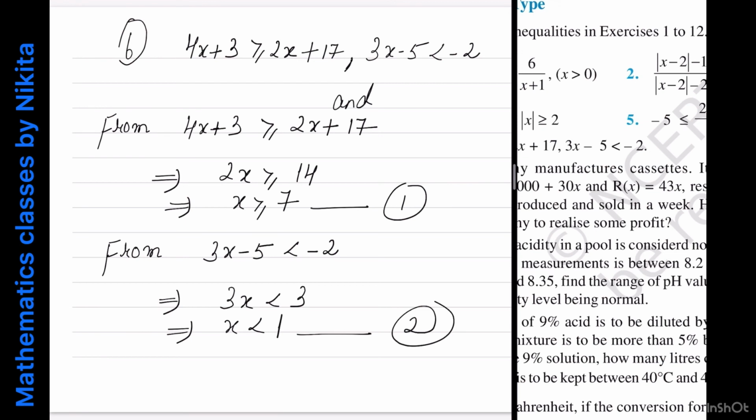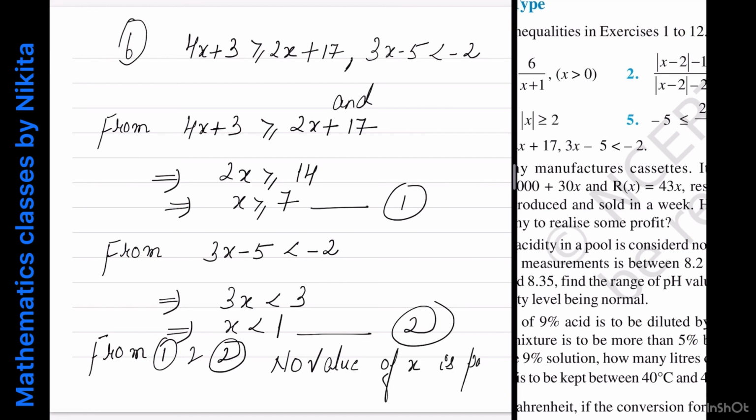Now from 1 and 2, because you have to take their intersection, you are looking for all the x that are greater or equal to 7 and also less than 1. So that is not possible. If you take any real number, can it be 7 or greater than 7 and also less than 1? So from 1 and 2, no value of x is possible. So therefore it has no solution.